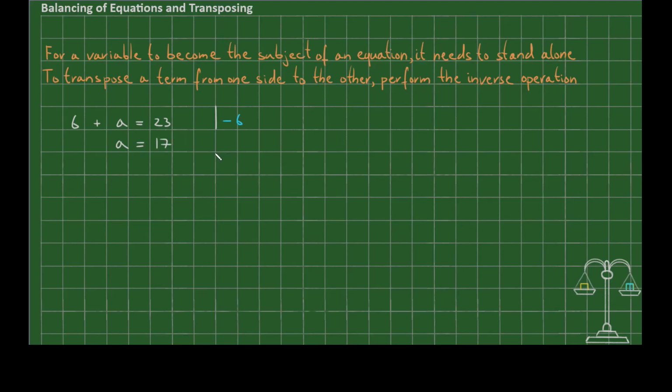Let me look at another example. Now I have b minus 7 equals 31. I want to make b the subject of the equation. What is in the way? Well, this negative 7 is in the way. And in order to transpose a negative value or a negative term, I need to add that term to both sides.